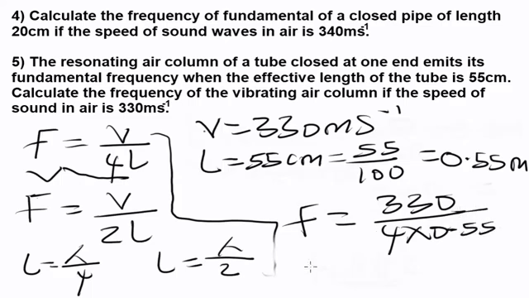Let me punch everything in my calculator and see what it is going to give us. It's going to give us 150 Hz. This will be the answer. So this is basically how you can solve problems involving sound wave in physics.